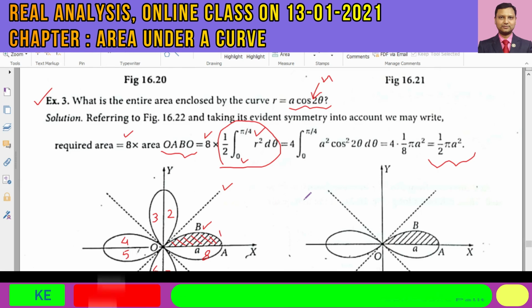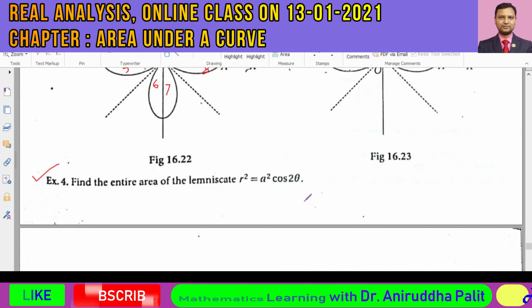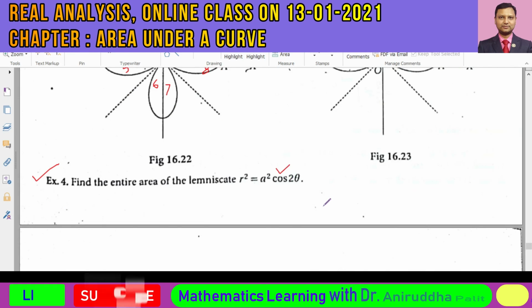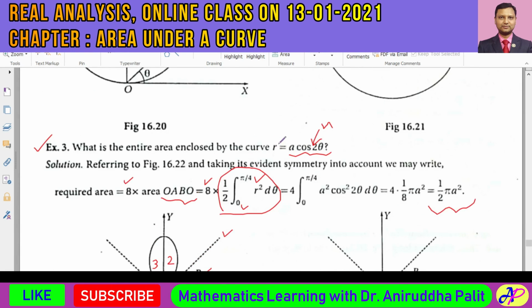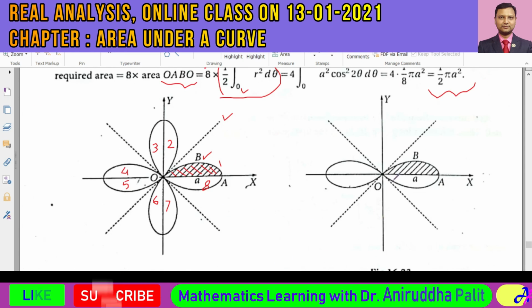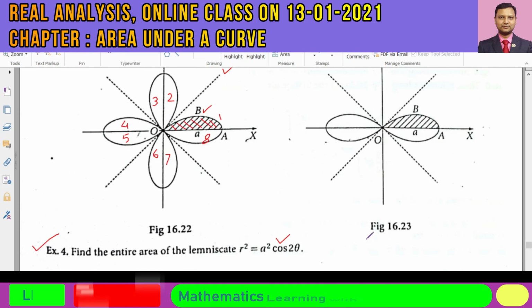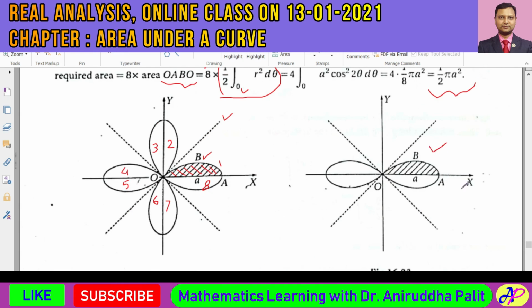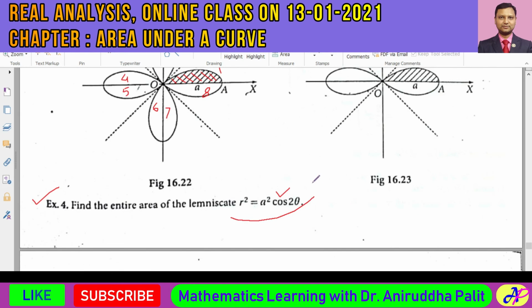These are some standard examples. This is also there: r square is equal to a square cos of twice theta. In the previous question we had r is equal to a cos of twice theta, and in this question we have r square is equal to a square cos of twice theta, and this is the curve of that function.